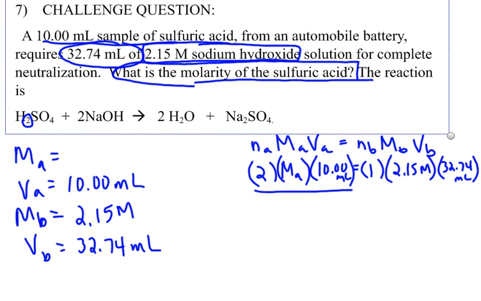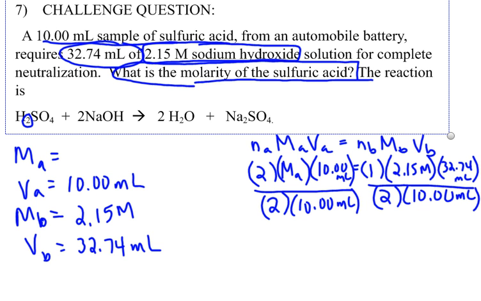So when we're solving for Ma, we're dividing by 2 and 10.00 milliliters. So milliliters cancels. The molarity of the acid is going to be 2.15 times 32.74 divided by 10 and divided by 2.